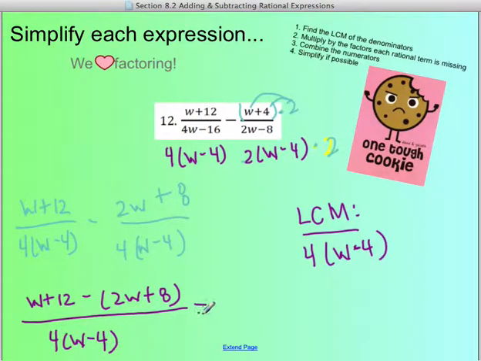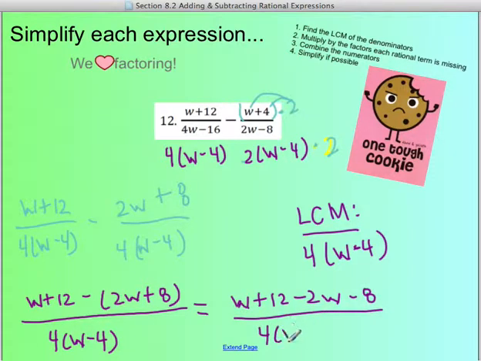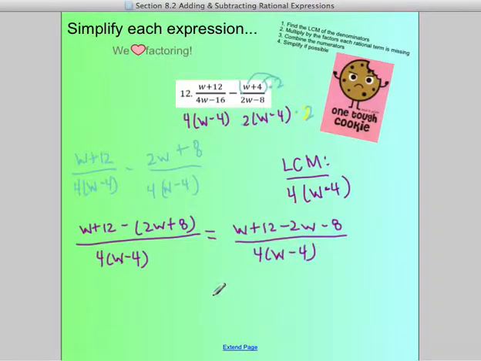Now I need to simplify a little bit more. I need to distribute that negative in my numerator, so it's minus 2w minus 8 all over 4 times w minus 4. I'm going to combine my like terms. So I would have w minus 2w, which gives me negative w. 12 minus 8 will give me plus 4, all over 4 times w minus 4.